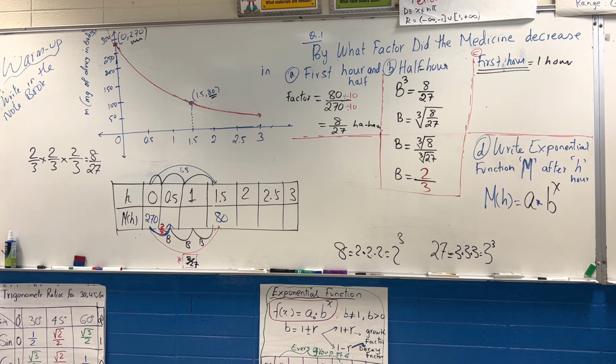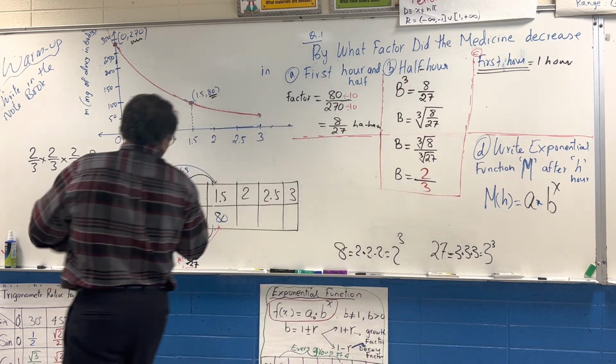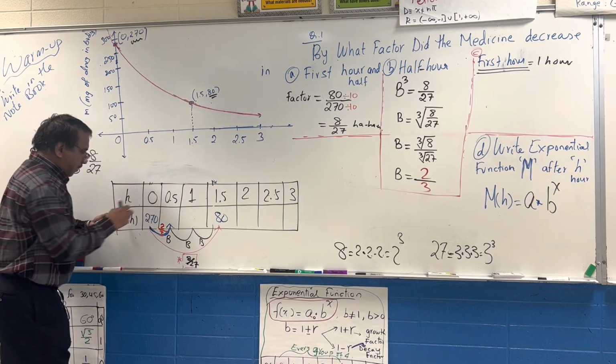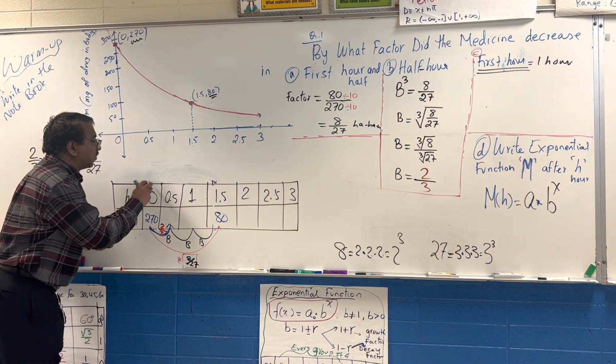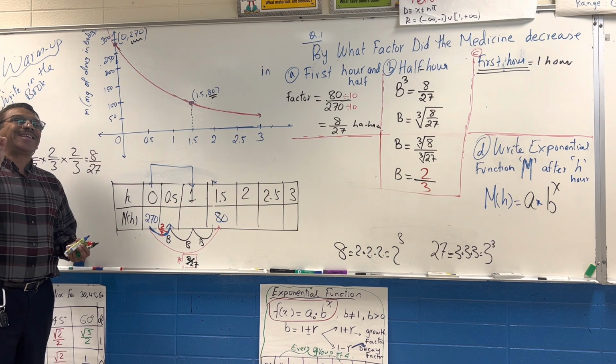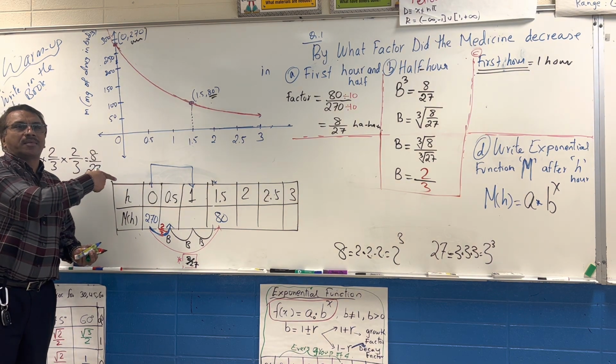Okay, watch this. This is the most important part. From 0 to 1 is the main, because the lowercase b is based on this.